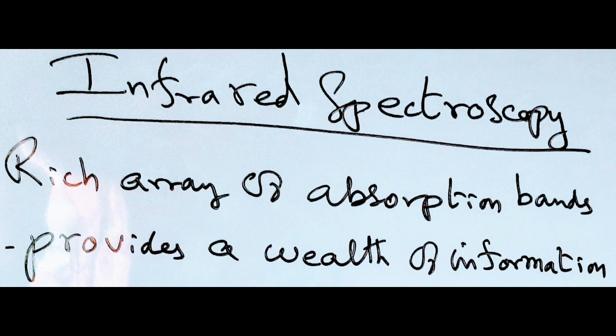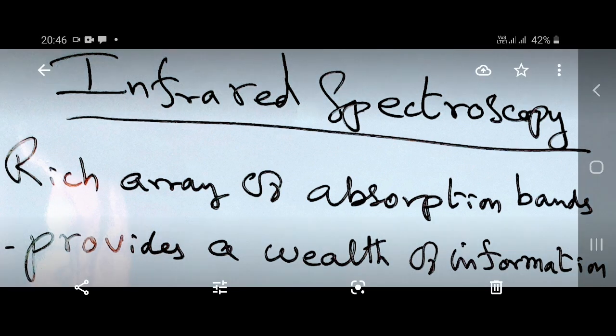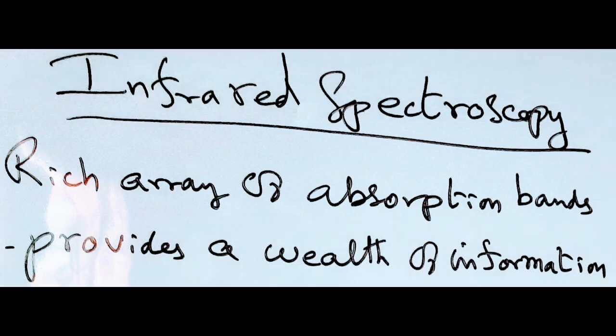So because of this, one single infrared spectrum gives a wealth of information, a lot of information. Both UV visible and IR spectroscopy are absorption spectroscopy, but infrared spectroscopy gives you a lot more information when compared to UV visible spectroscopy.